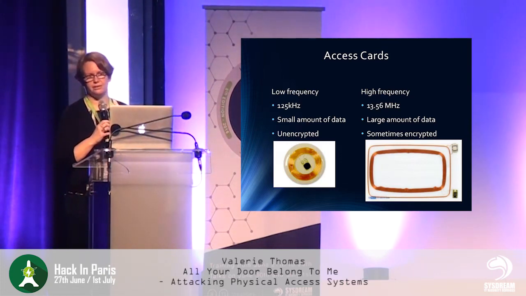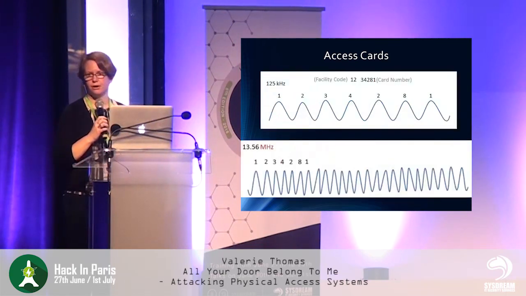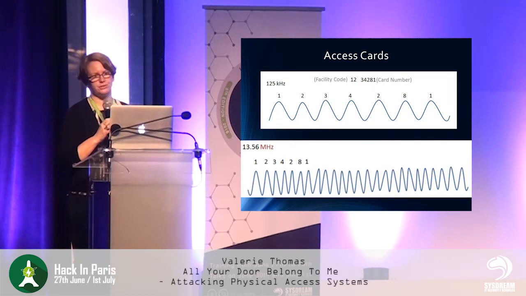In this example, I've shown how the data is written on the card across the wavelength. Those of you who are RF people, these are not proper wavelengths, so don't bother trying to figure out why that isn't right. It's just for example's sake.